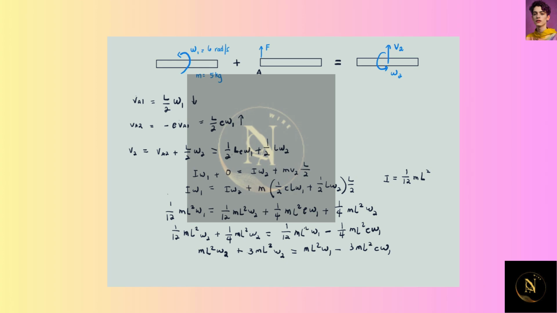Then, further simplifying, this becomes 4 m L squared omega 2 equals m L squared omega 1 times 1 minus 3e. And then finally, omega 2 is equal to 1 over 4 times 1 minus 3e omega 1. There. This is our equation for the new angular velocity, omega 2.